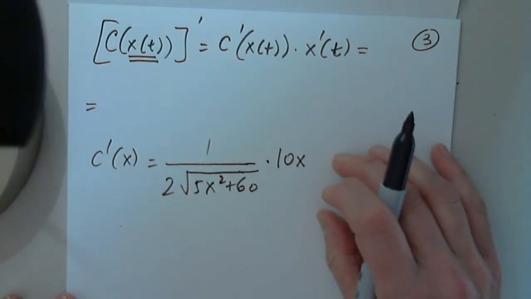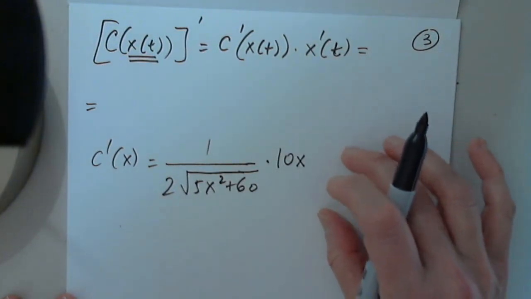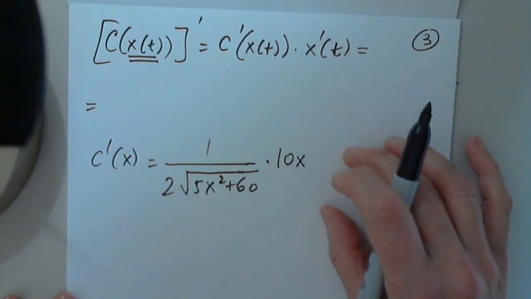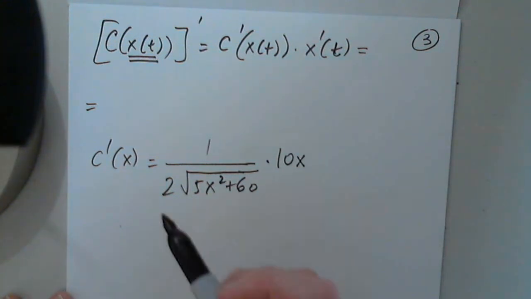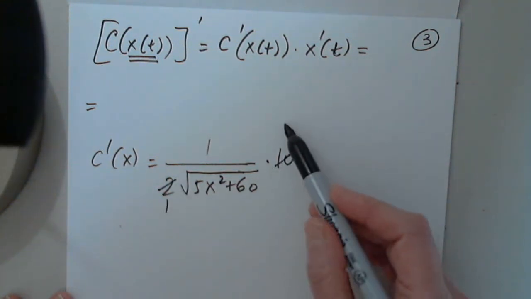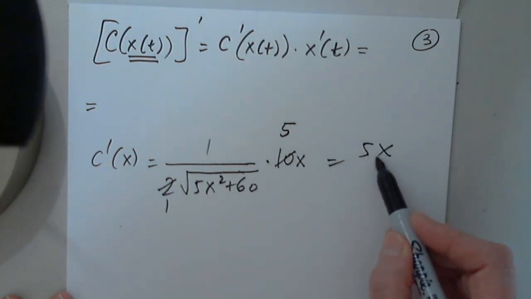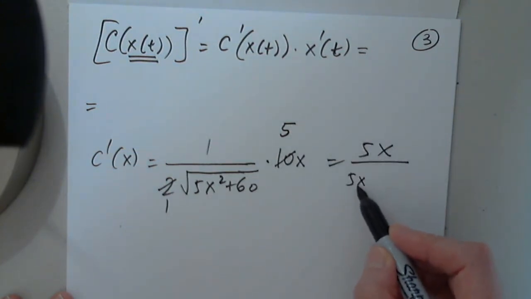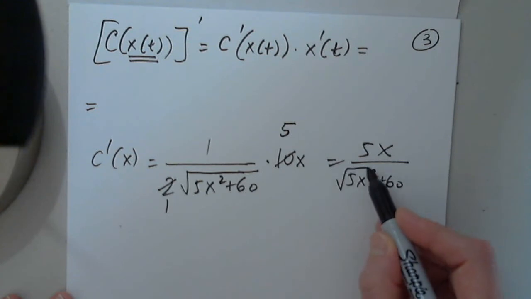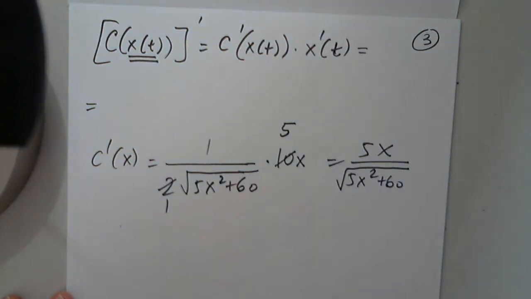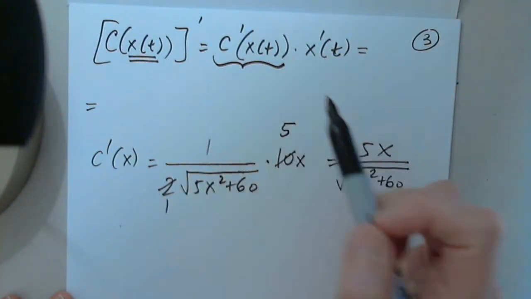Is this okay so far? Yes. Okay, then I simplify 2 with 10, and I get 5x over the square root of 5x squared plus 60. So I already have this piece.